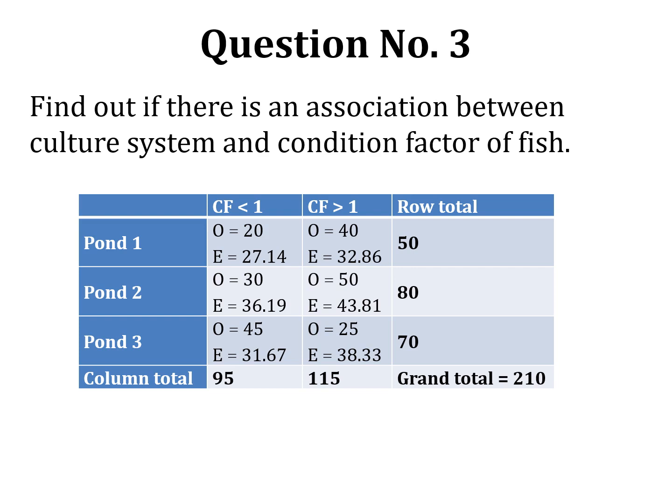The observed frequency for this cell is 20. For the next cell, which is for the fish with condition factor less than 1 in pond 2, the expected frequency is 36.19. Then the third cell is for the fish which have condition factor less than 1 and are present in pond 3, and their expected frequency is 31.67.